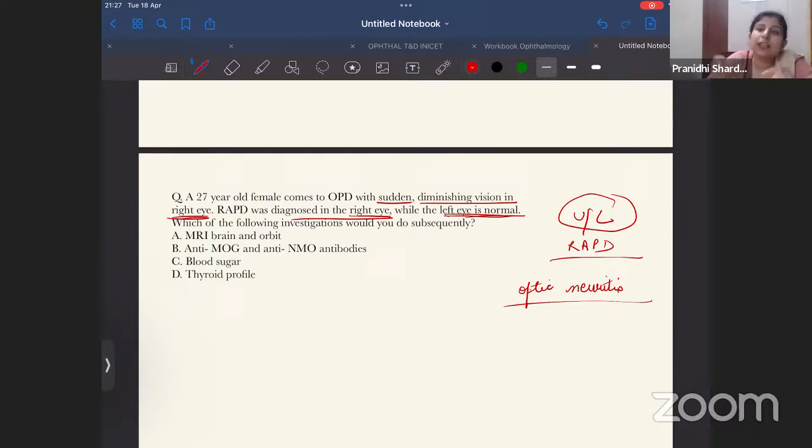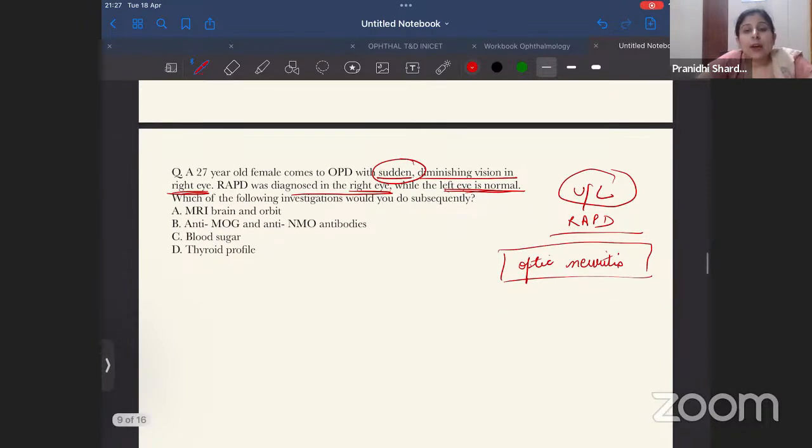Unilaterality and RAPD, these two terms are enough to diagnose our condition, that is optic neuritis. And also the third thing, that it is sudden in onset. So we come to our diagnosis of optic neuritis, which is unilateral, and RAPD is the rule in optic nerve diseases. The left eye is normal, and which of the following investigations do we do?